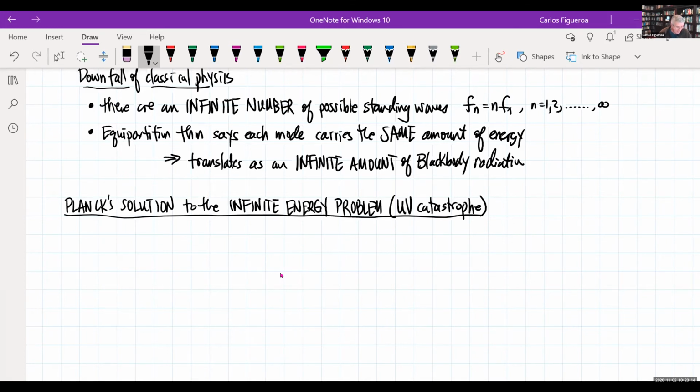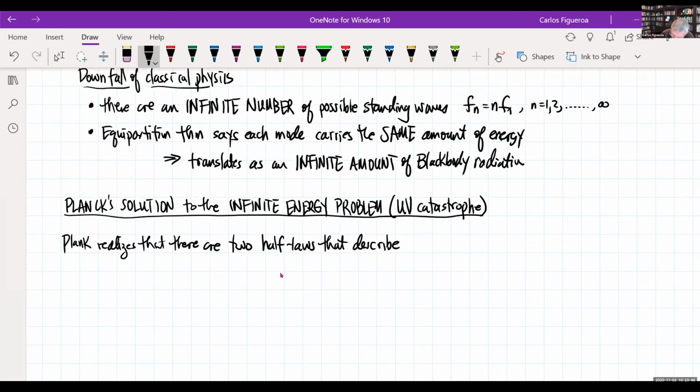He starts out by parameterizing the blackbody radiation curve. And here's the crazy thing: Planck realizes that there are two, how do I call them, half-laws that describe the radiation curve. This is something I showed you earlier.